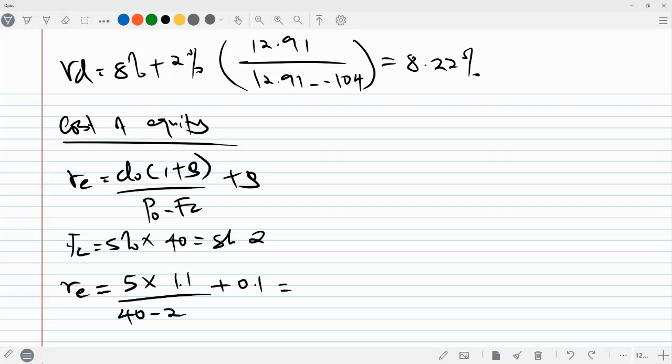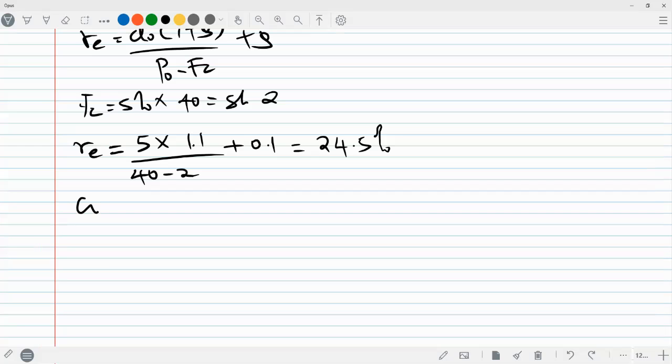The cost of equity in percentage is 24.5%, therefore the cost of equity. Okay, we're done with that.